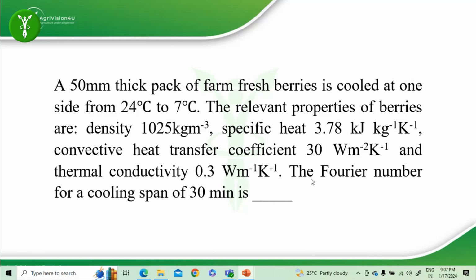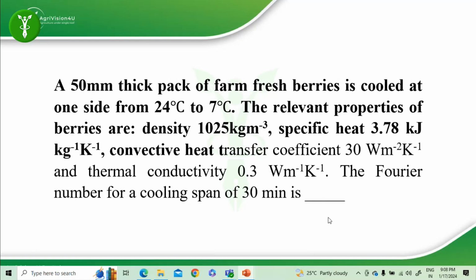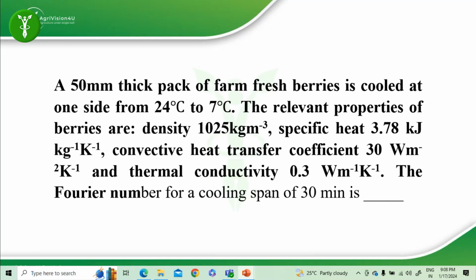Problem statement number 1: a 50 millimeter thick pack of farm fresh berries is cooled at one side from 24 degrees Celsius to 7 degrees Celsius.